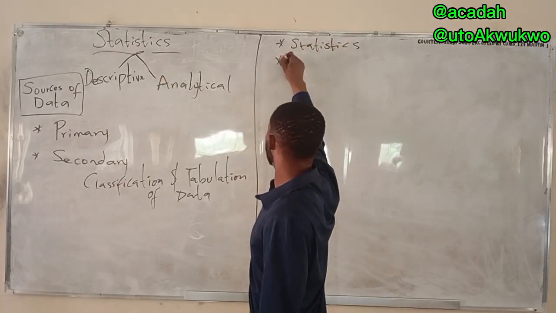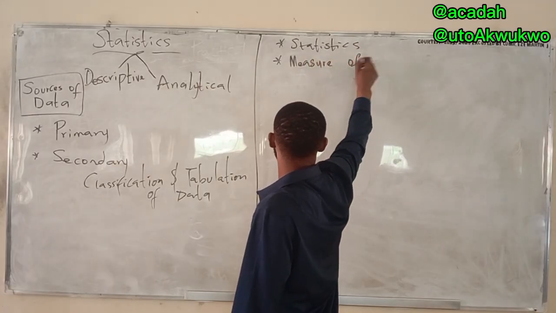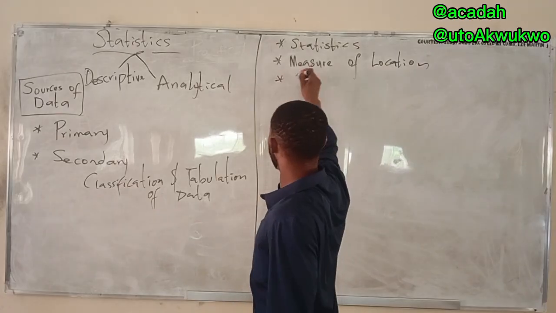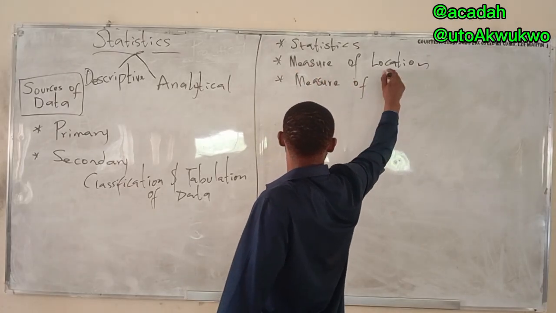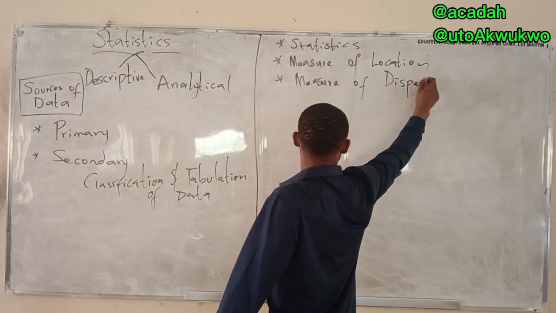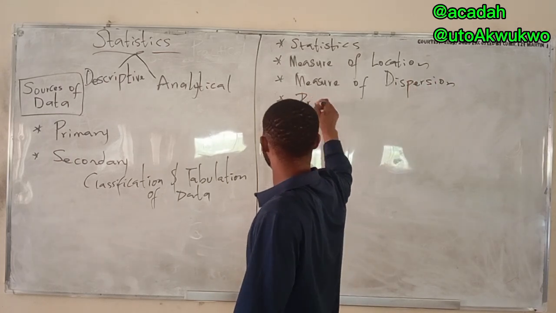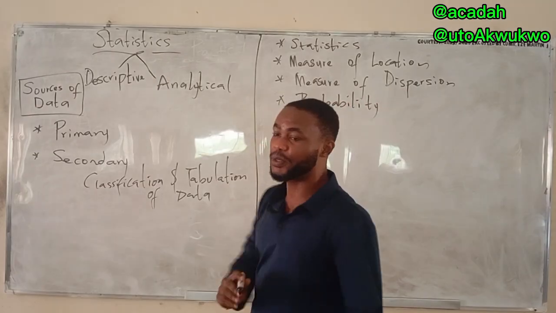Then today we also do measures of location, also called measure of central tendency, and we also do measure of dispersion. Then the fourth one we will do, but if time doesn't permit us, we will shift it to later, because probability is very big and I would like to do it as a topic on its own.